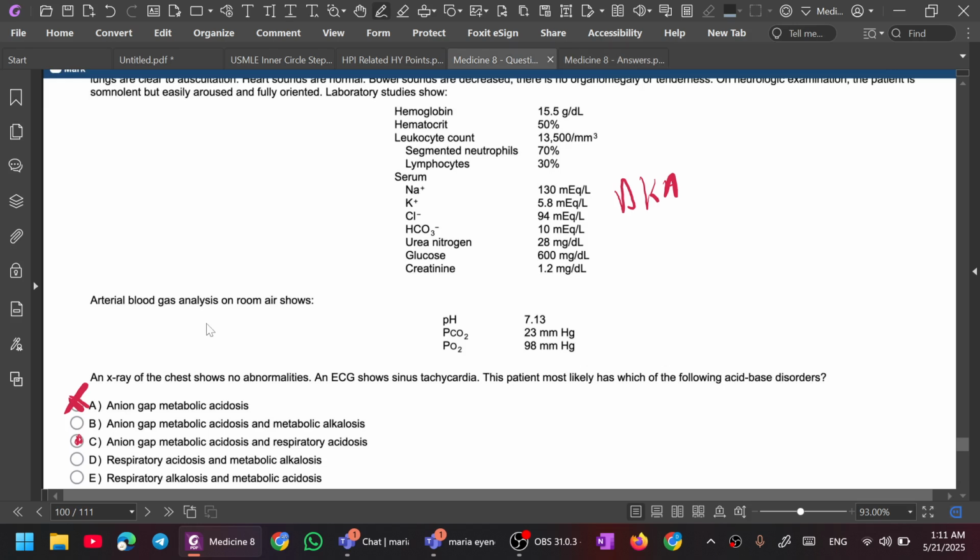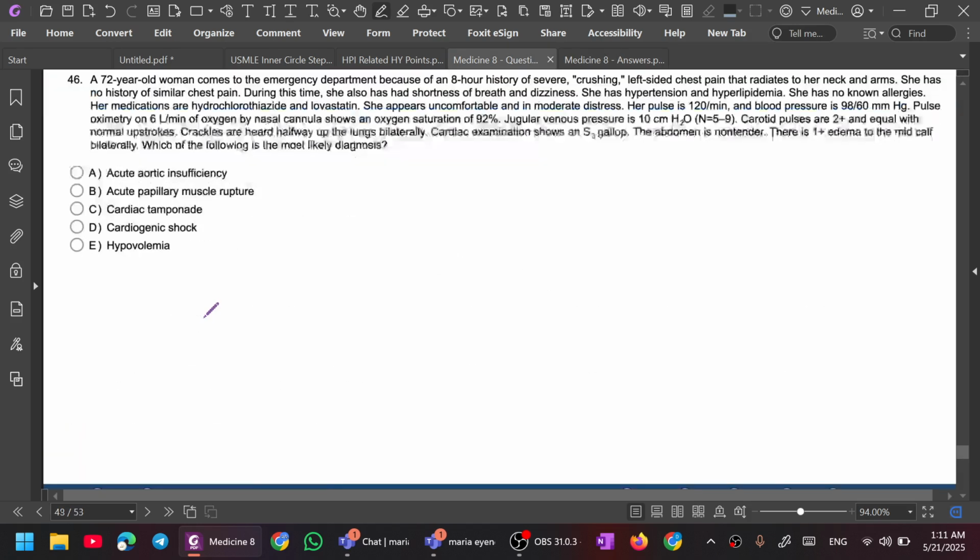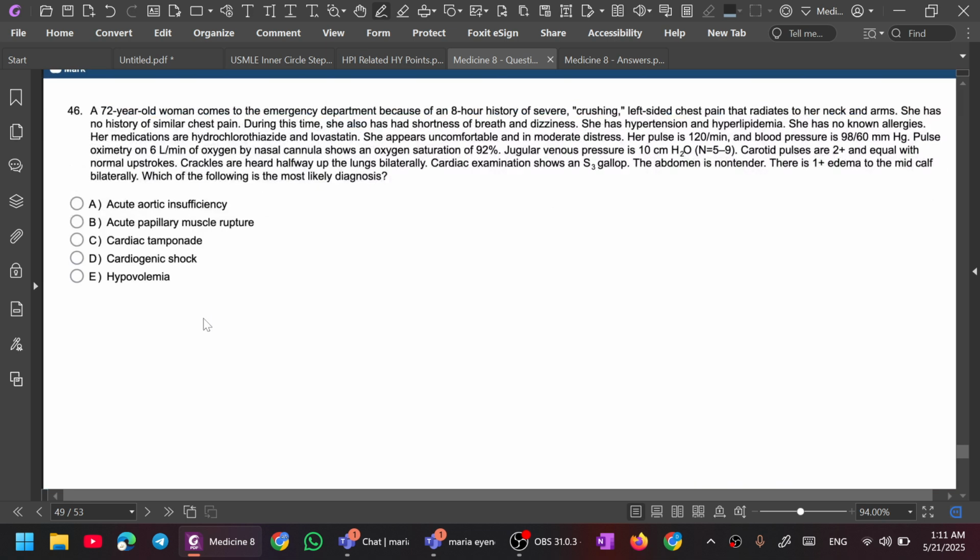46. A 72-year-old woman is brought to the ED because of an 8-hour history of severe crushing left-sided chest pain radiating to the neck and the arm. She has no history of similar chest pain. During this time, she also had shortness of breath and dizziness. She has hypertension and hyperlipidemia, has no allergies, and her medications are hydrochlorothiazide and lovastatin. She appears uncomfortable and in moderate distress.